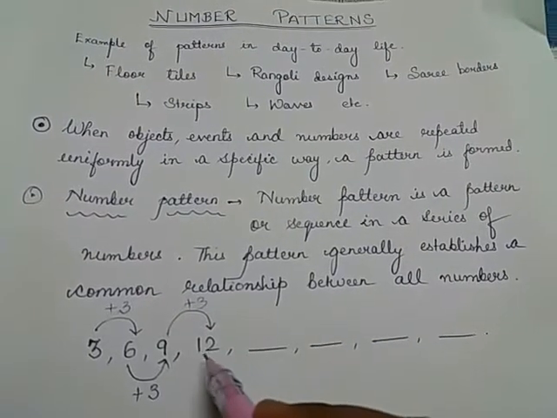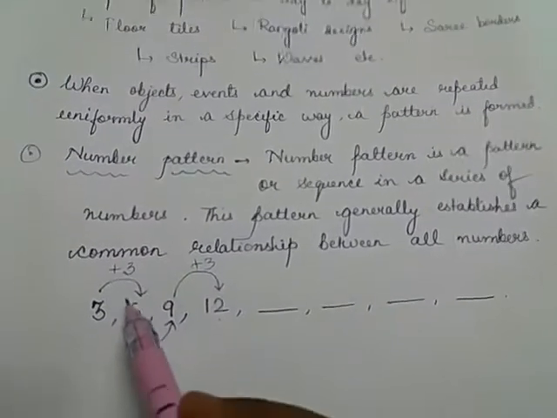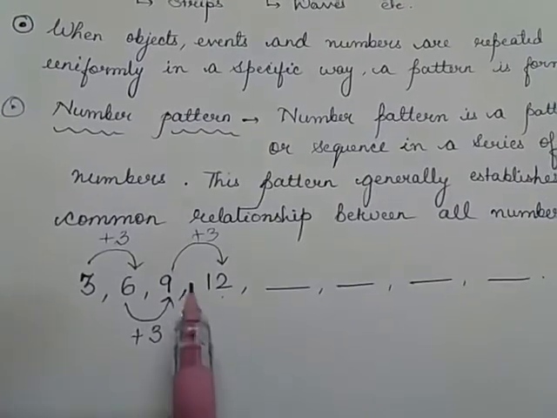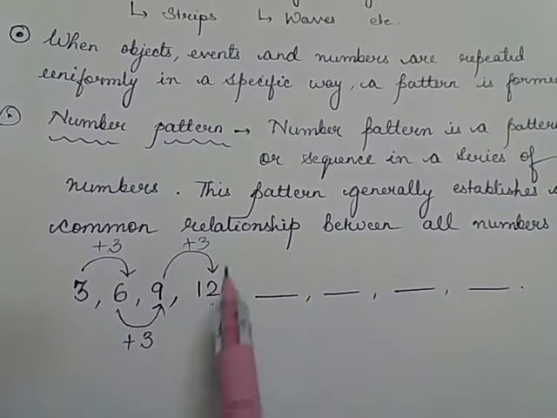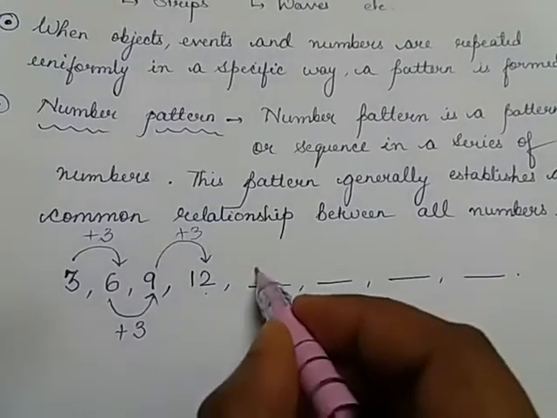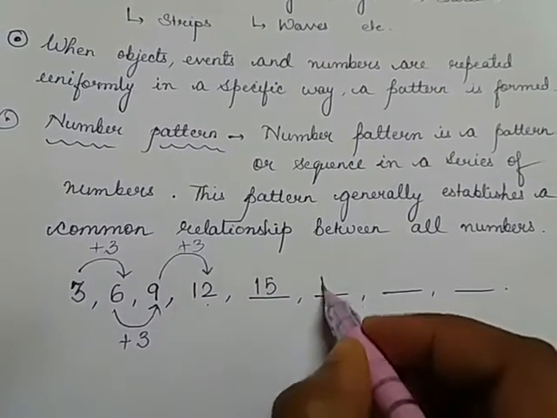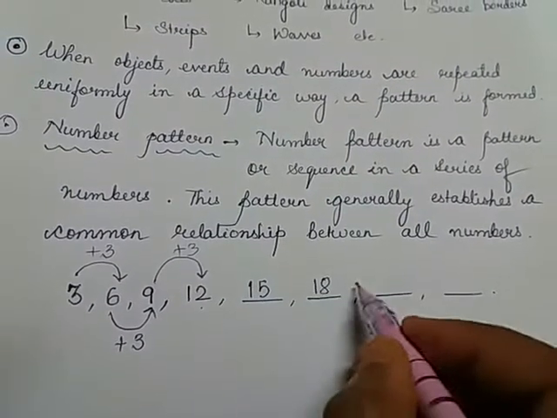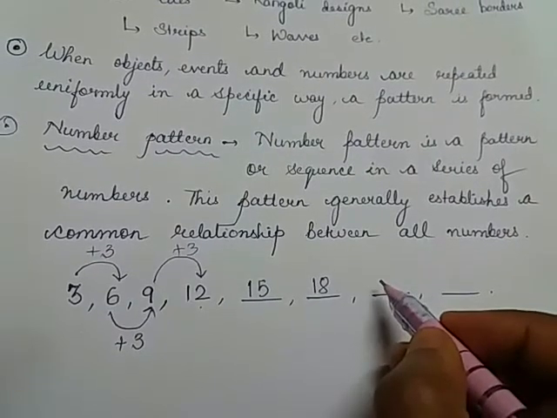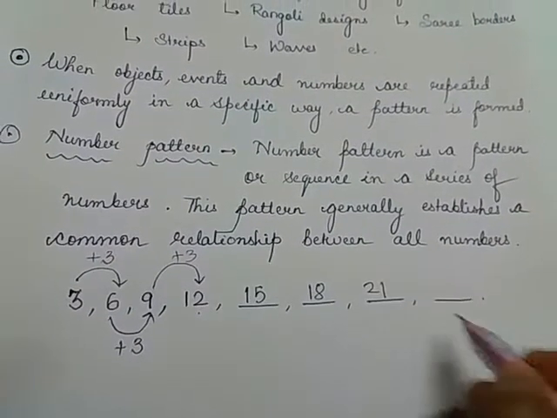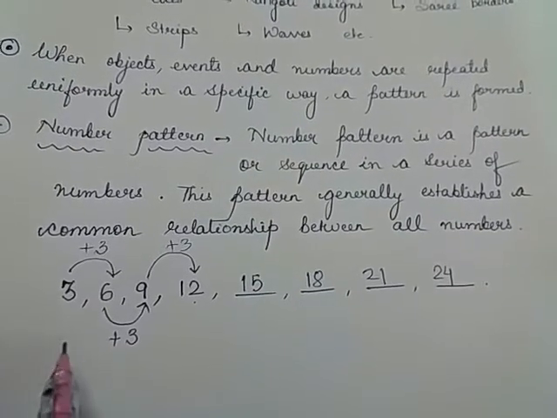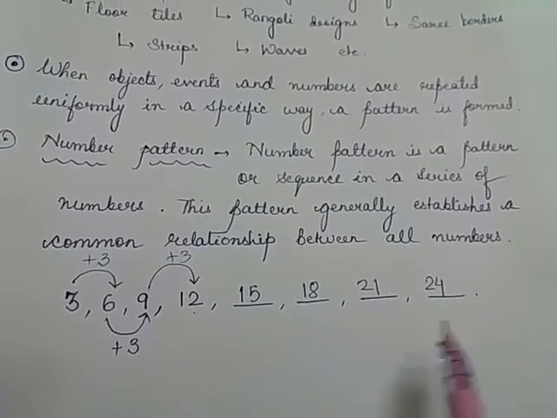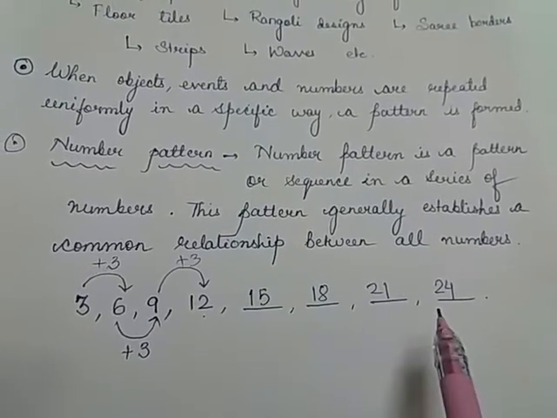So that means here we have established this pattern that at each step we are adding 3. So this will be 15, this will be 18, 18 plus 3 is 21, 21 plus 3 is 24. So this is a pattern which we can see is present in these numbers.